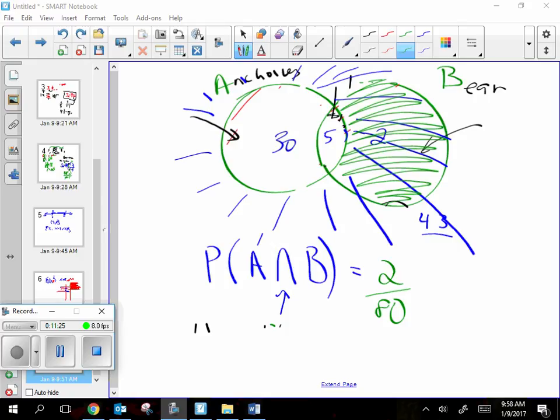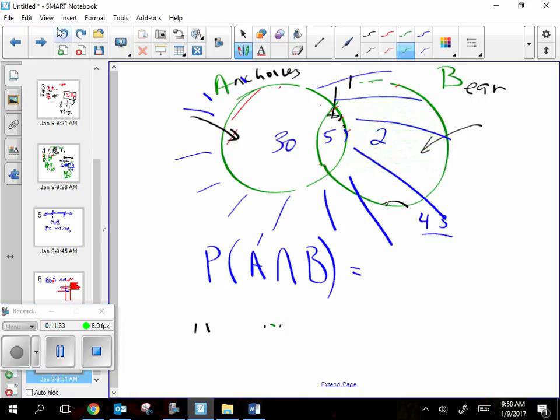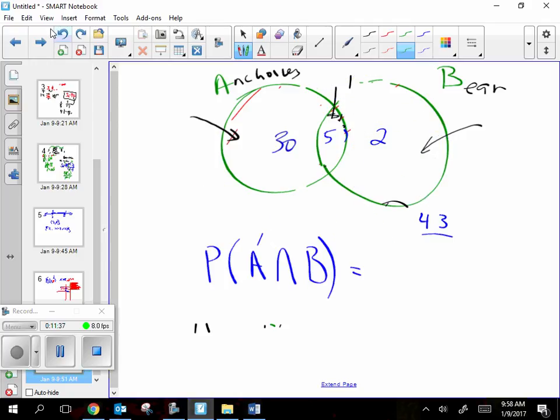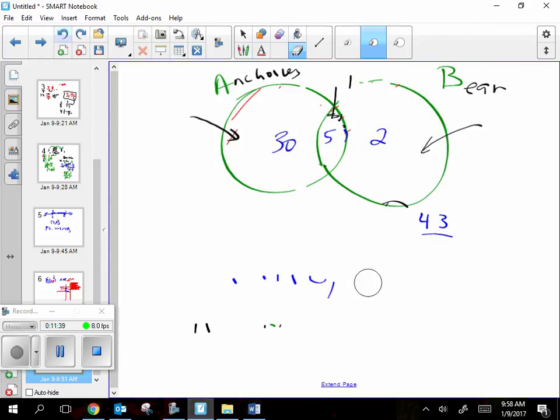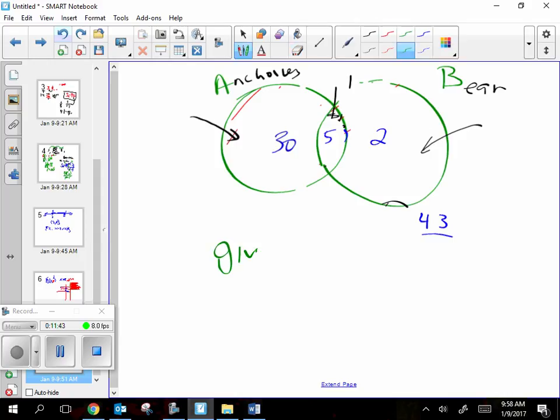Okay, and that last thing I was referring to was, what if I said a given? And that's the hardest kind of all. If I said given that our person likes bear, or maybe it's because they've never had bear and they want to try bear. Given bear, what's the probability of not anchovy?